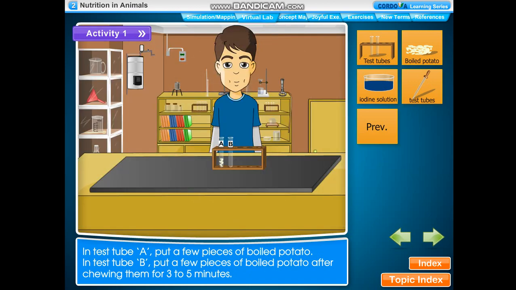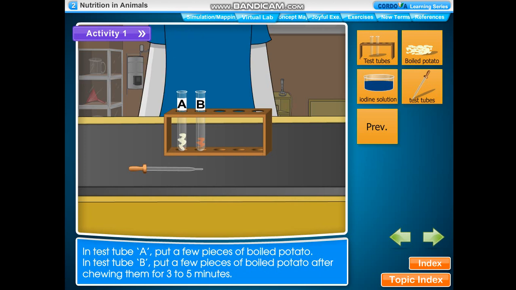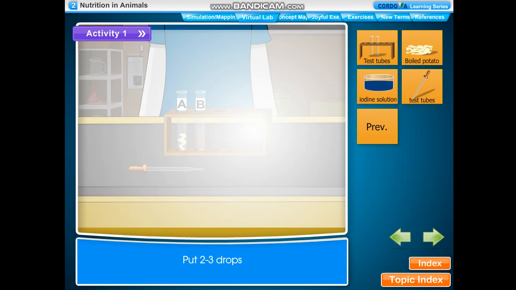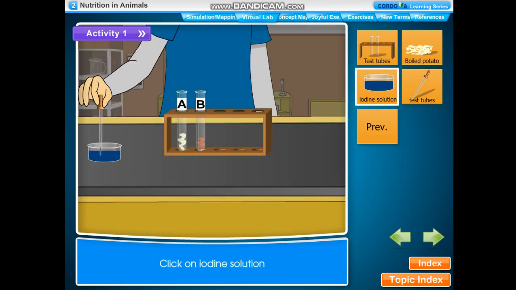In test tube B, put a few pieces of boiled potato after chewing them for 3 to 5 minutes. Put 2 to 3 drops of iodine solution in each test tube.